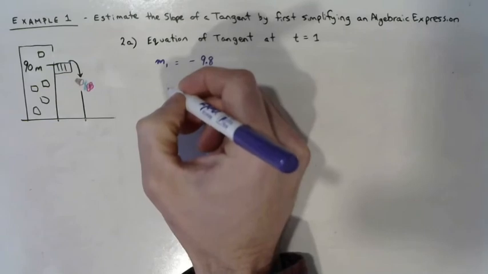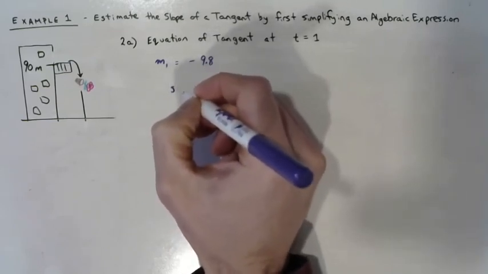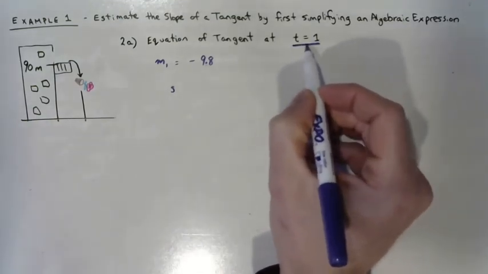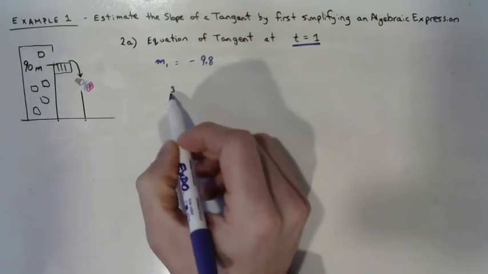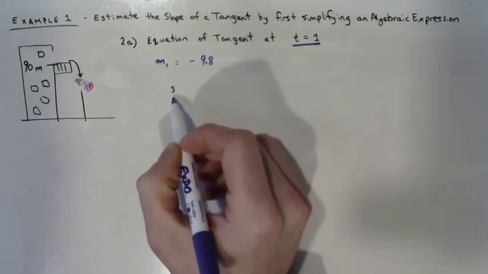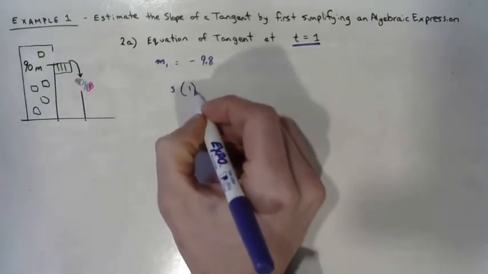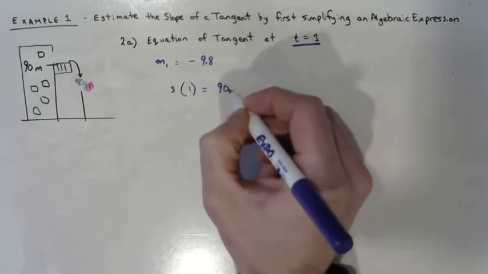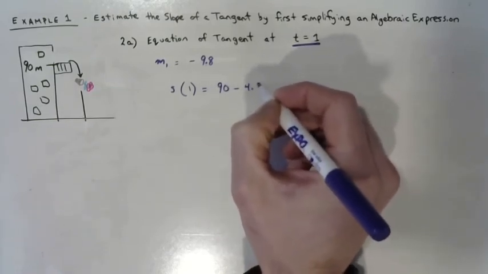So our rate of change, we need to know what the corresponding y value is for a t of 1, or what the speed value is, because rate of change corresponds to the speed that the flower pot is moving. So we're looking for the speed at 1 second, and I'm going to use the equation that we've been working with in part 1.